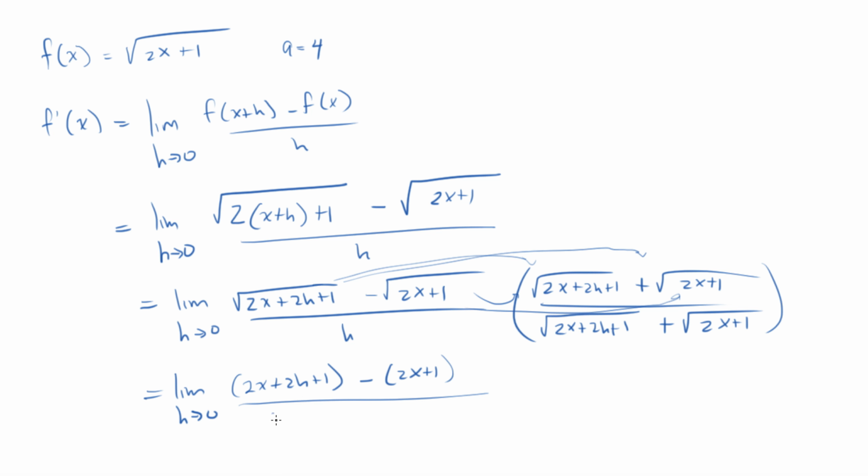And then on the bottom, you just leave it alone. So square root of 2x plus 2h plus 1 plus 2x plus 1. Now again, this minus is going to distribute between both. So let me put the limit first.